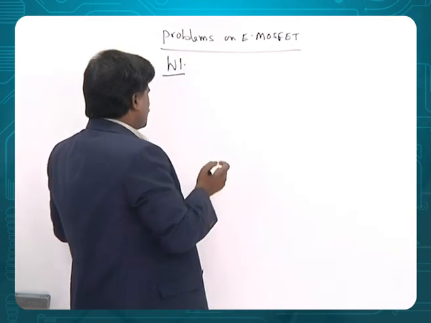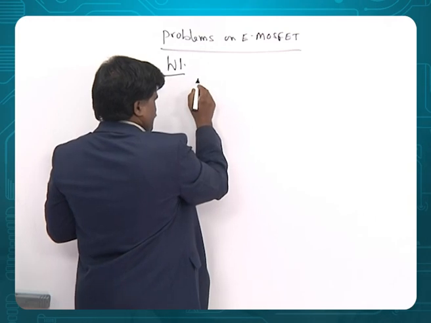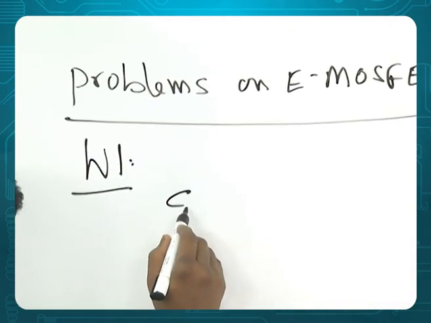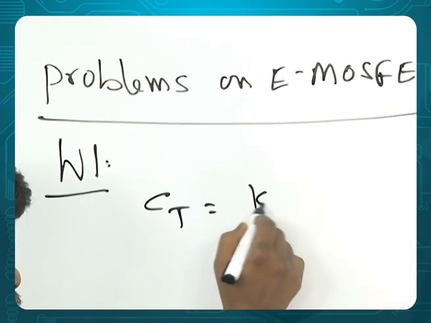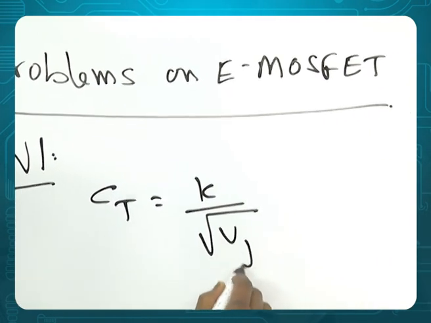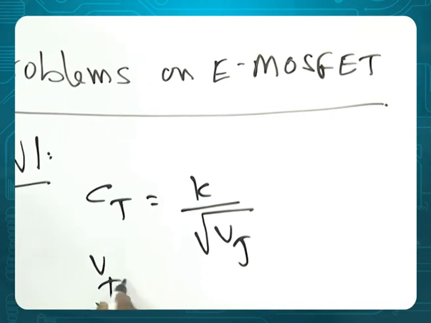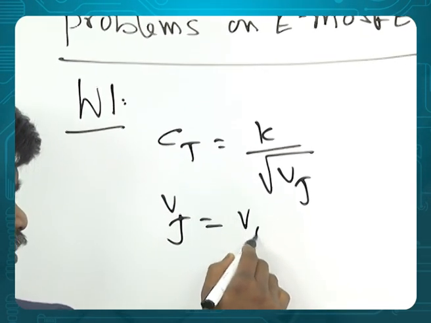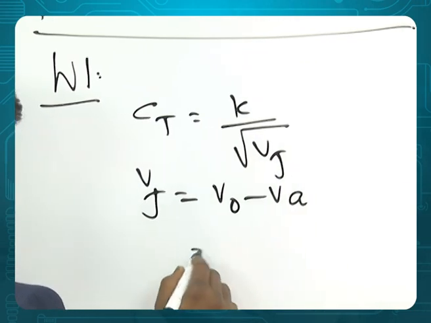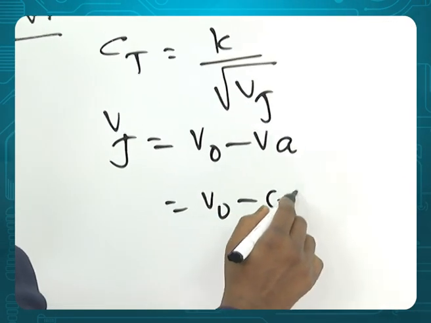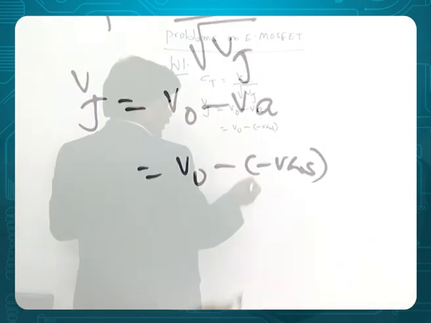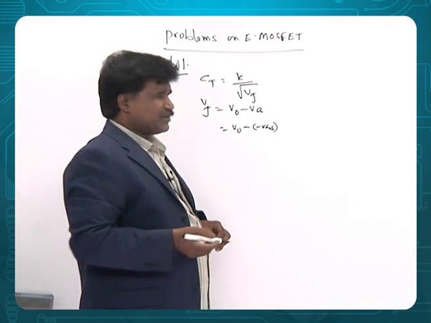Problem 1, we call it W1 because W means worked out example. So what we want to say, generally capacitance is given by some constant by root of Vj, where Vj is V0 minus Va. In our case, V0 minus of minus Vgs, because Vgs is generally positive.